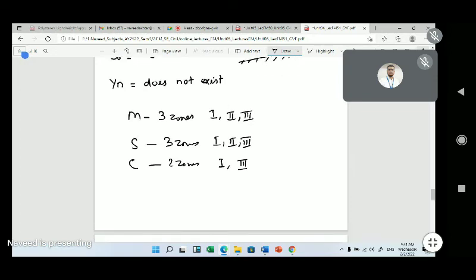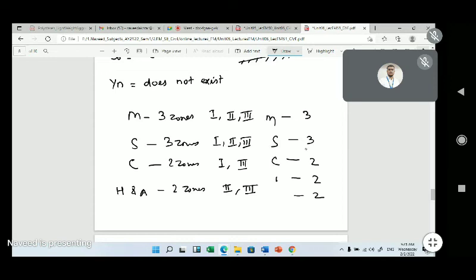And for the horizontal and adverse there are also two zones, zone 1 is absent, second and third are there. So you can say this is 3, this is 3, this is 2, H is 2, A is 2: M, S, C, H, A.